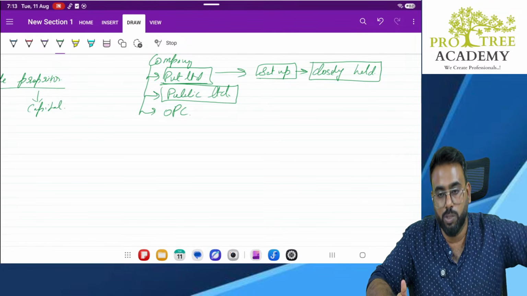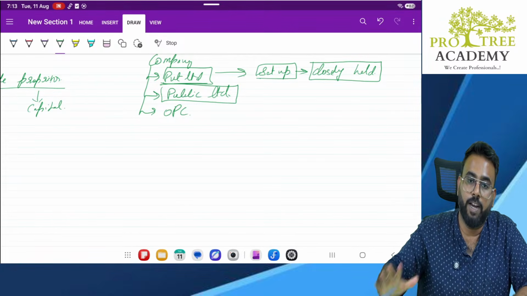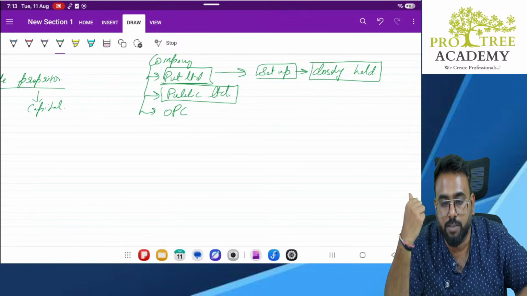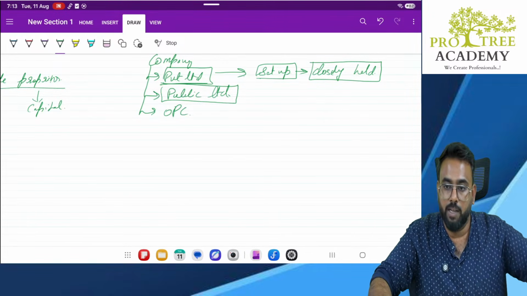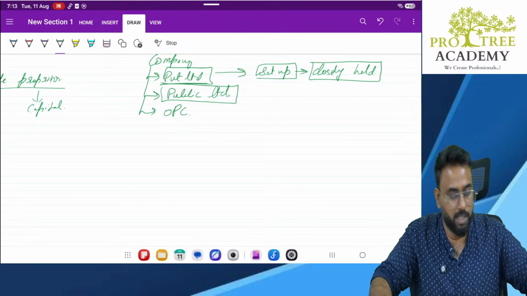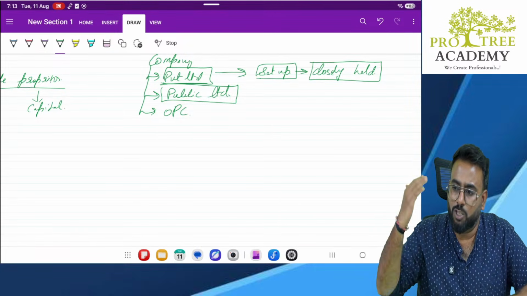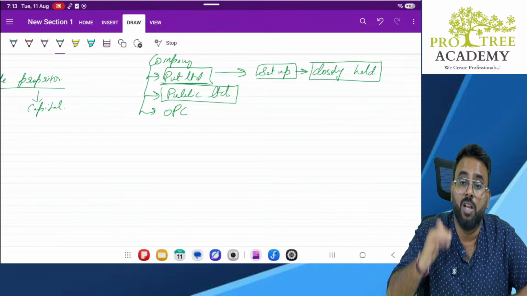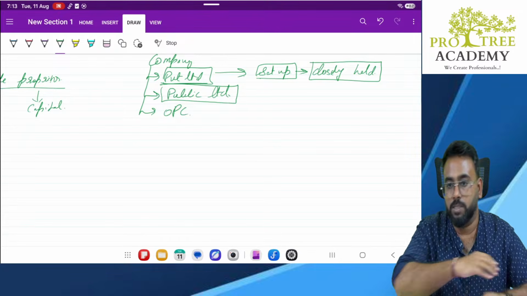No, this is not closely held. Closely held means, for example, I, my friend, and my mother, we three come together and start a company. I know my mother, I know my friend, my mother knows my friend, and my friend knows my mother. That means closely linked people. I never use the word related. Closely linked means each person knows the other person.